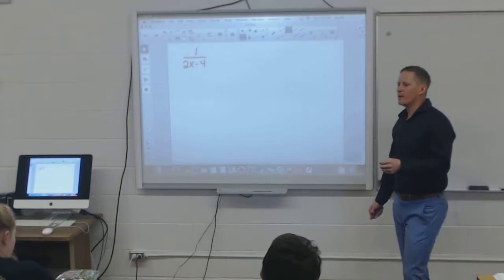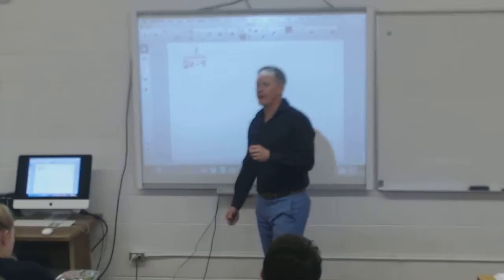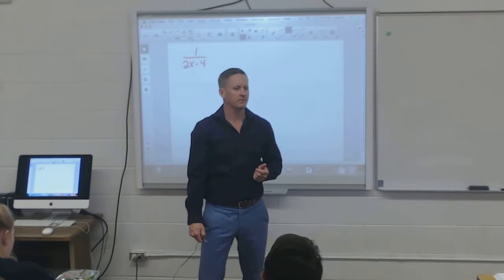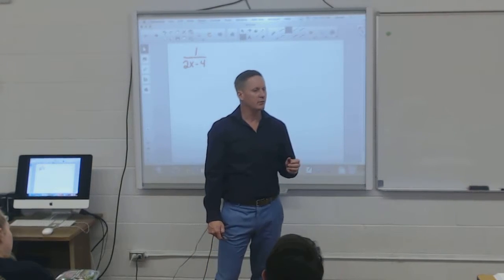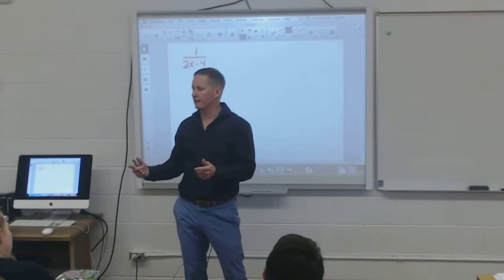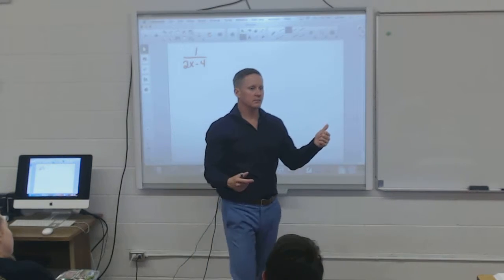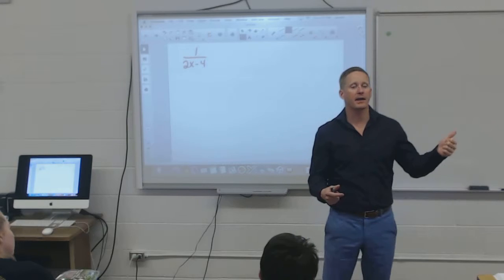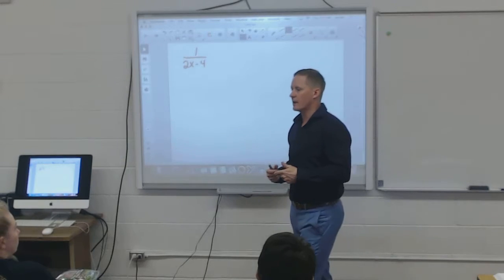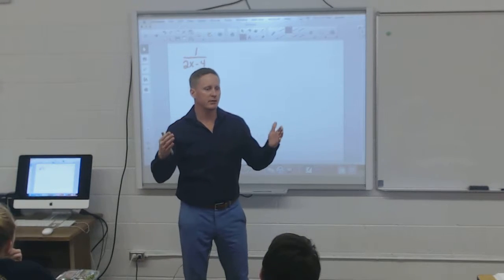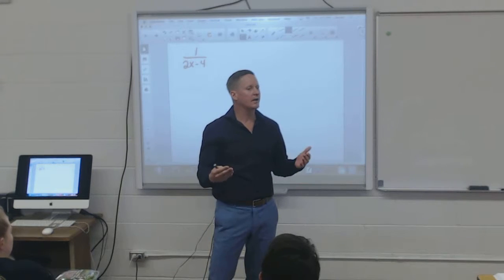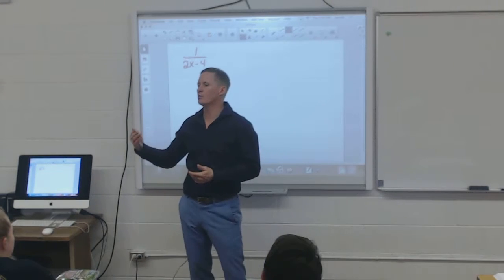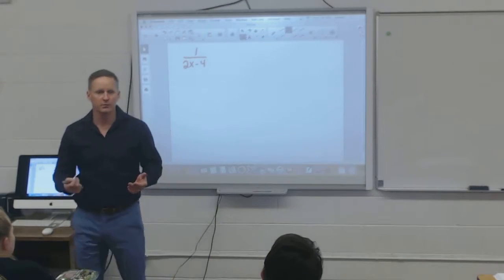When there is no equal sign, you are not expected to find a value for x. When there's no equal sign, all you're doing is reducing. In some circumstances, it's factoring. In some circumstances, it's just reducing a fraction. You are not expected to find an actual value when there's no equal sign.